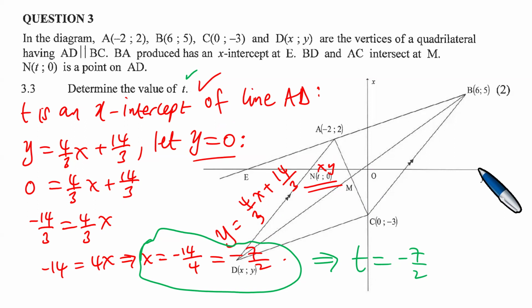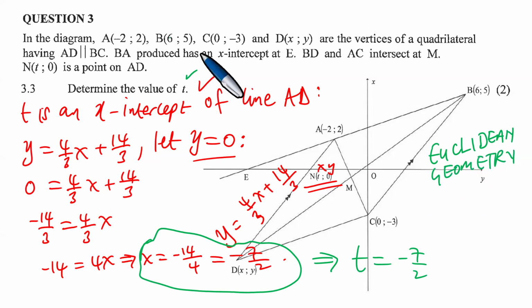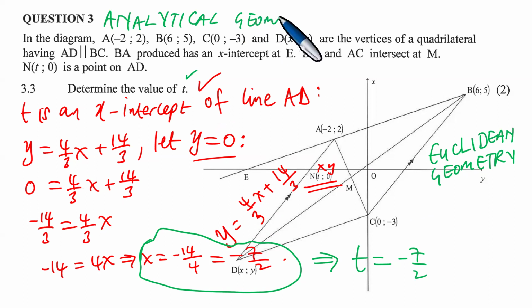I must thank you guys for joining us, and it was exciting discussing geometry with you. We first looked at Euclidean geometry. And the kind of geometry we're looking at right now is called analytical geometry.